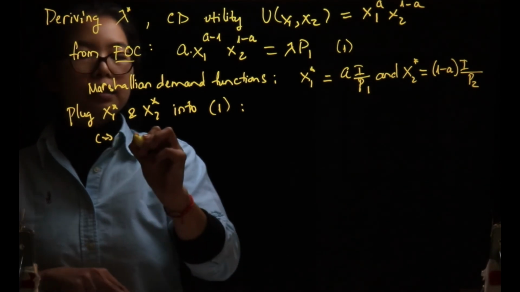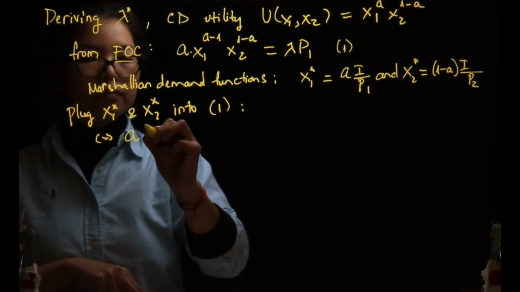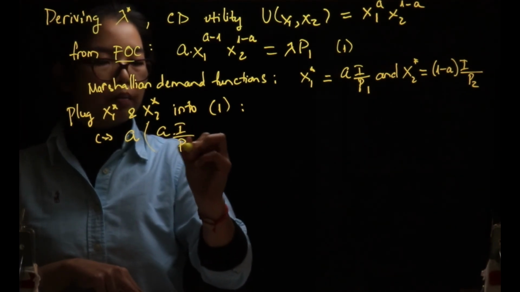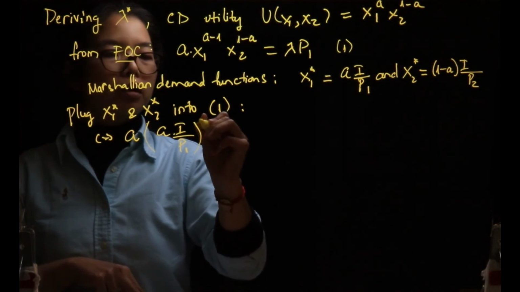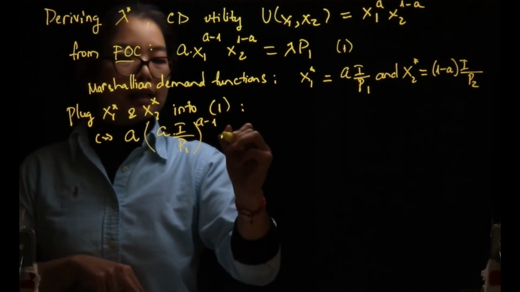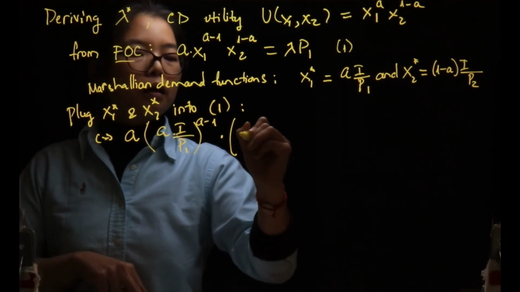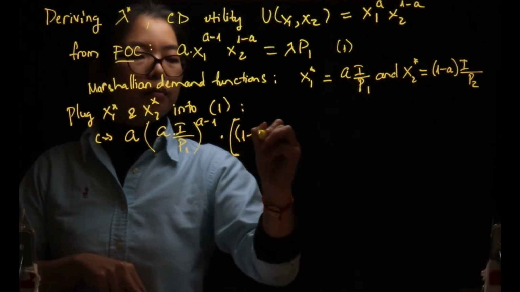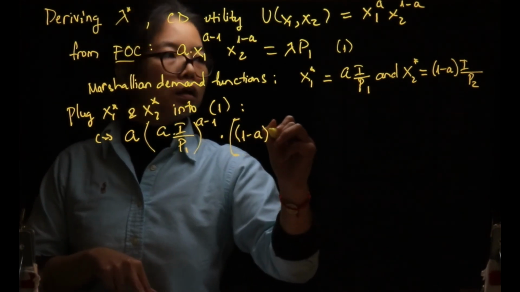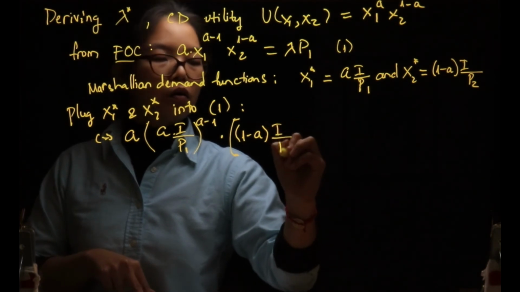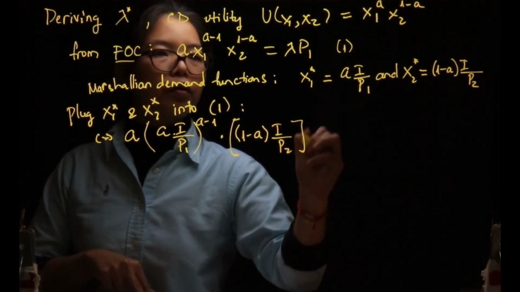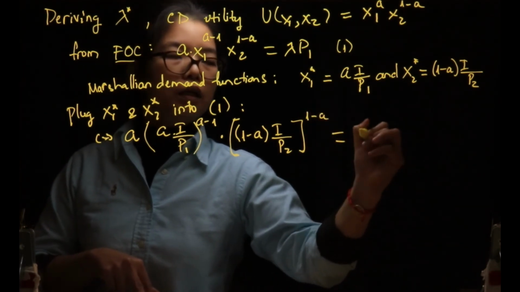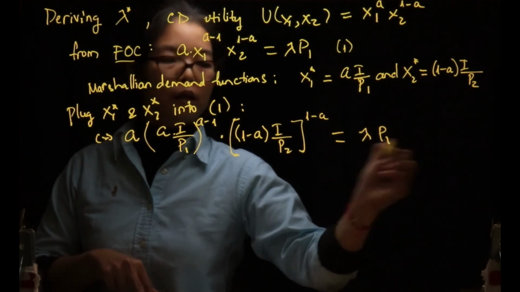We would obtain a times a I over p1 to the power of a minus 1 times, let's have a square bracket over here, 1 minus a times I over P2, everything to the power of 1 minus a, equals lambda P1.